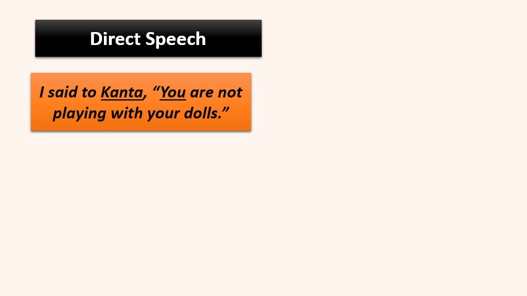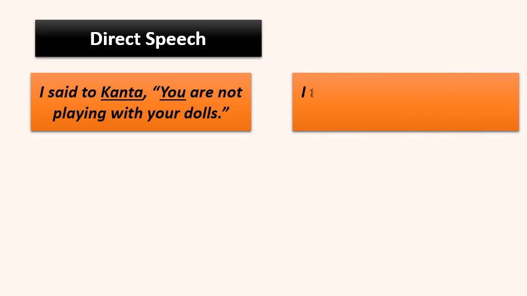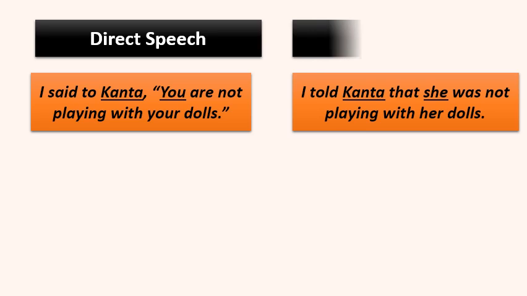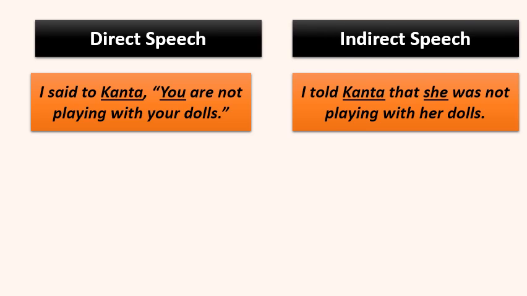So in the reporting verb, what is the object? Kanta is the object, and according to gender and number we have to change it in indirect speech. So let's see how. I told Kanta that she was not playing with her dolls.